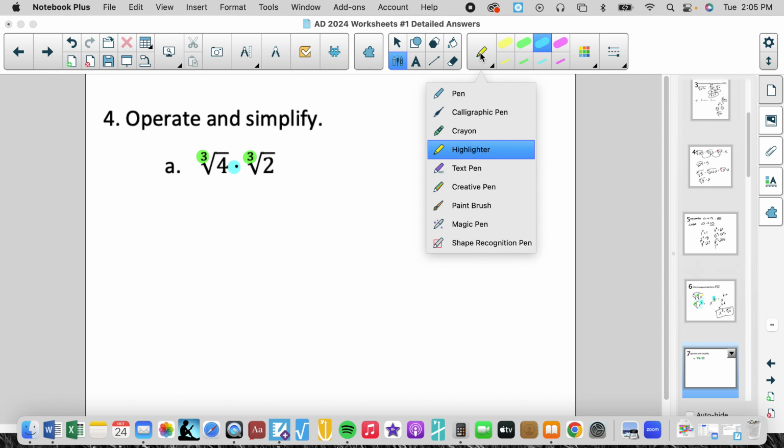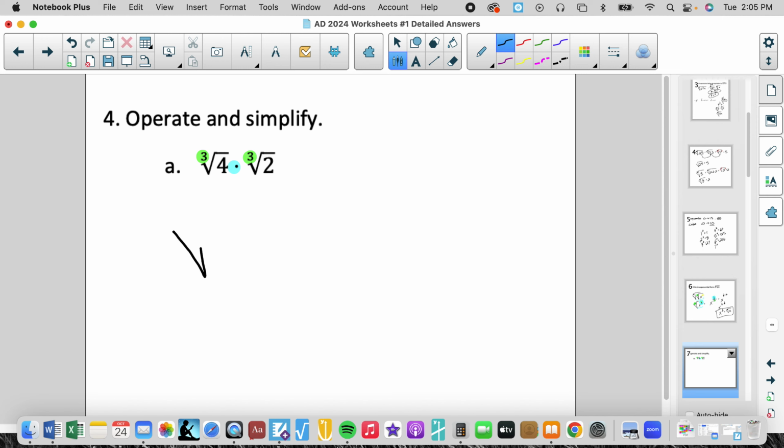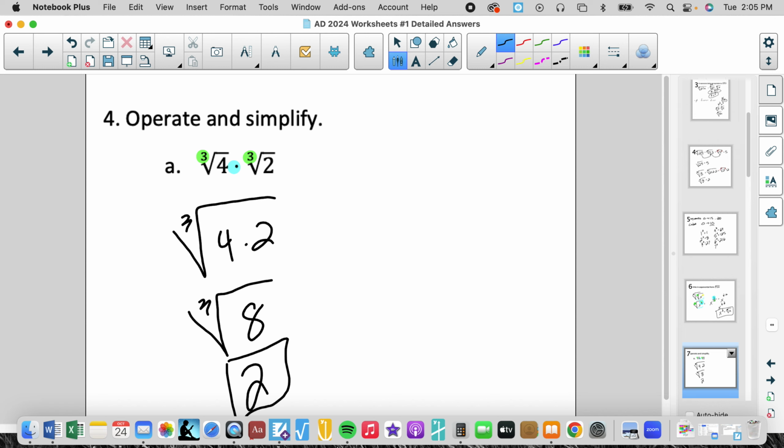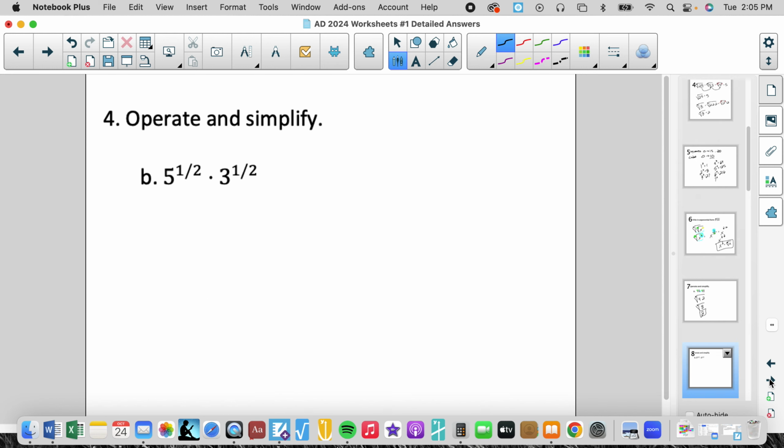Multiplying, we can put them under the same house. Remember how we could separate them? Well, we can also put them back together, which equals the 3rd root of 8, which equals 2. We memorize that, but we can show that 8 is 2 to the 3rd, which cancels. So that's actually a relatively simple problem. I like that one. All right, so this is the square root of 5 times the square root of 3.